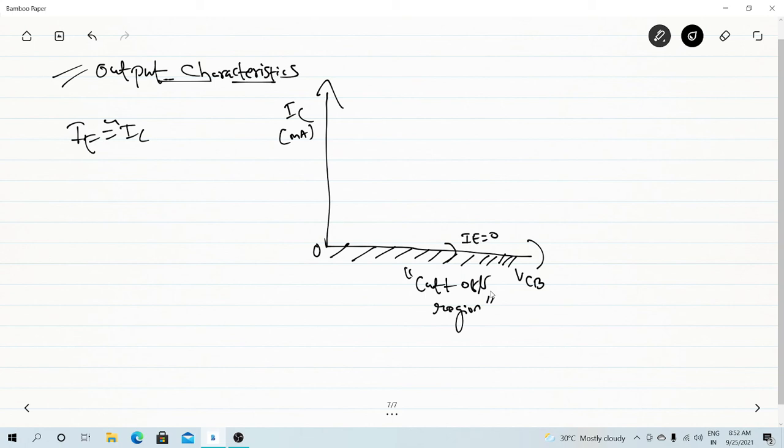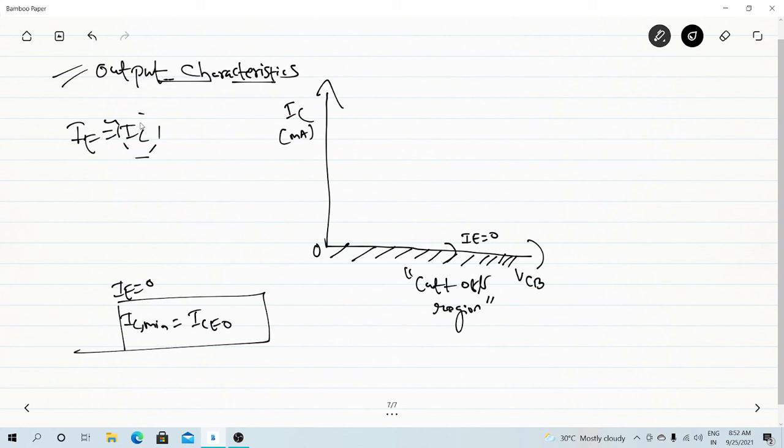So when IE is equal to 0, we have IC minority. From this relation you can see IC is 0, but this IC is not exactly 0, because we are having the minority current.